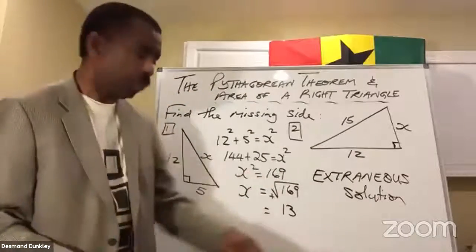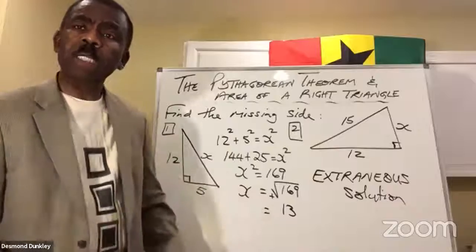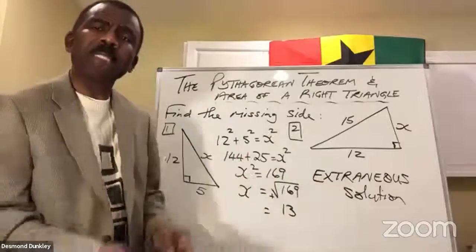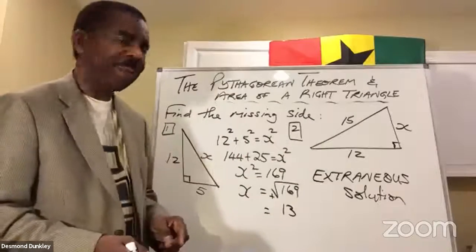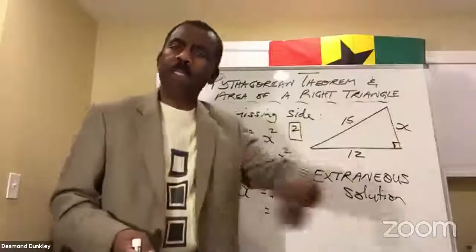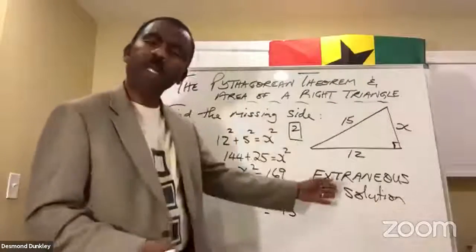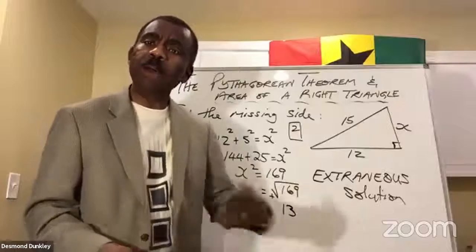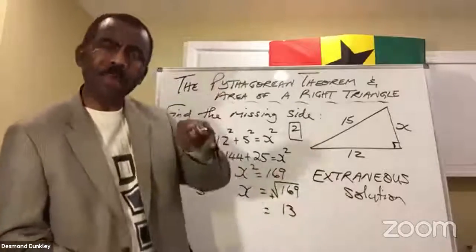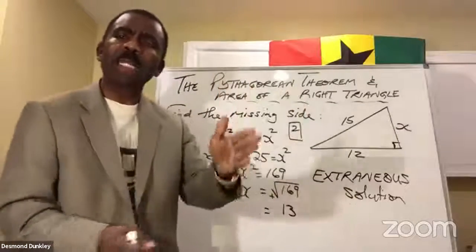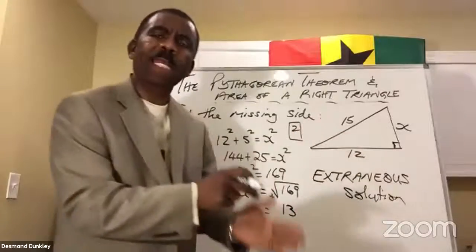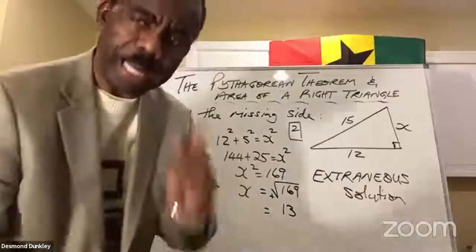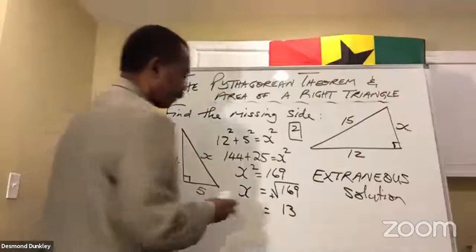So it is a solution to the equation, but in terms of application, it's meaningless. So going forward, months down the road, we will come across questions where, when we solve, we realize that this value is extraneous and we can eliminate or ignore it, okay? Extraneous solutions.